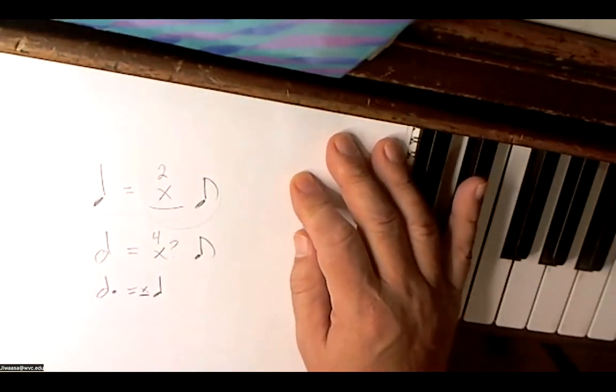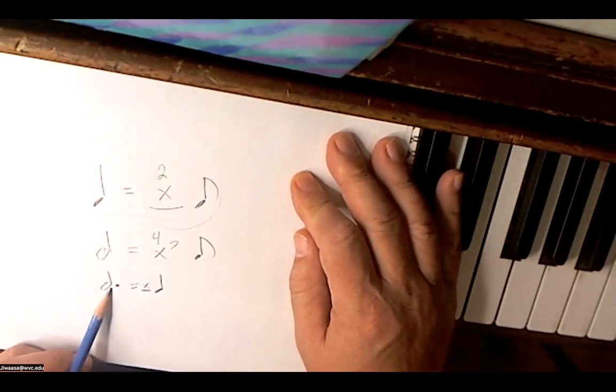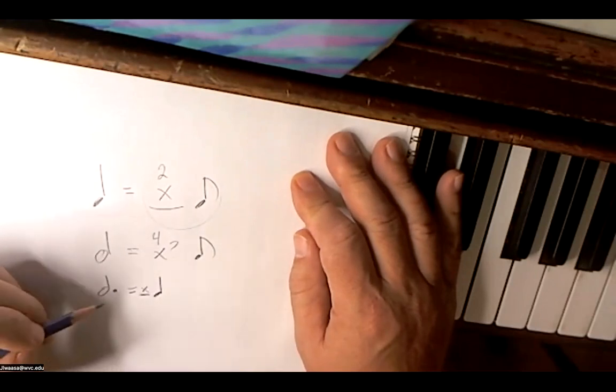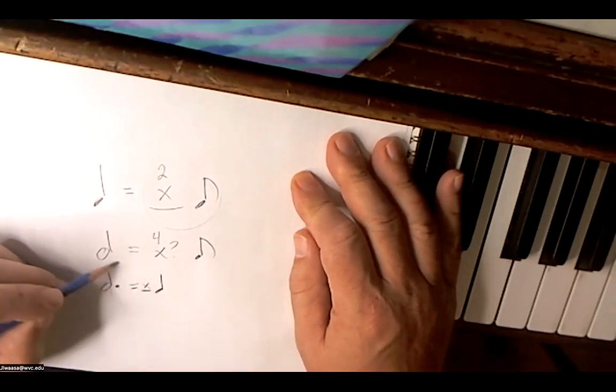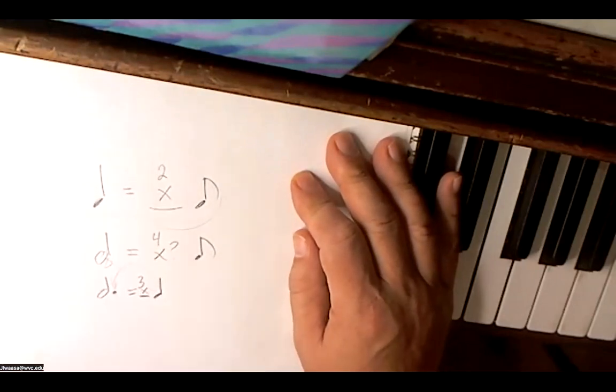How many of those? Think about this for a minute. This is 2 of these, but the dot adds 50% more. So 2 quarter notes equals that, and then 50% more is 1 more quarter note. So the answer is 3. You've got to think about your rhythms that way.